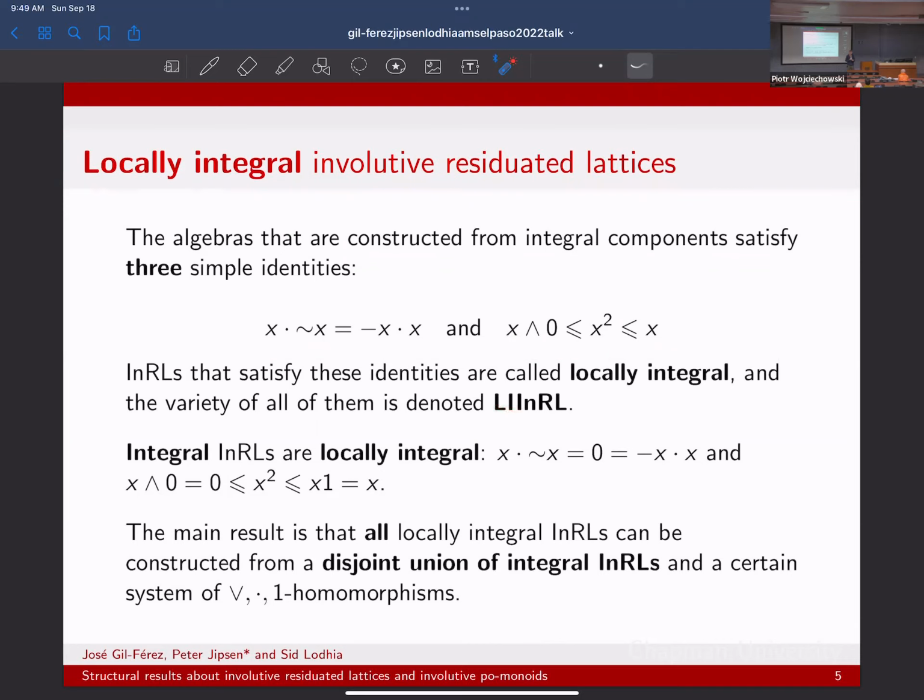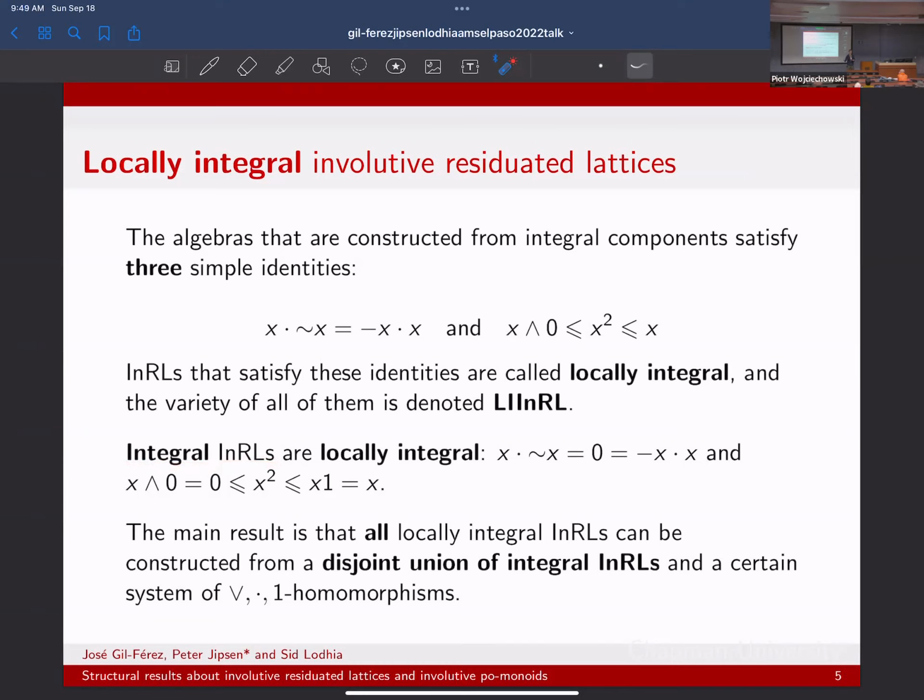So this variety of locally integral involutive residuated lattices is where the decomposition works, and it's a vastly bigger class than just the integral ones themselves. If you have an integral involutive residuated lattice, it's already in this setting, it's locally integral.